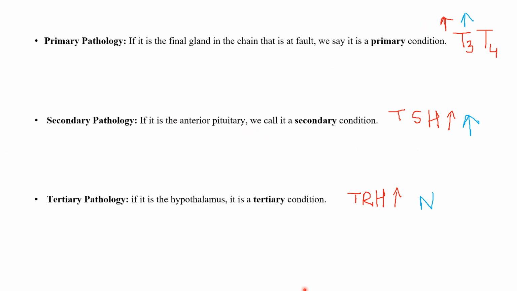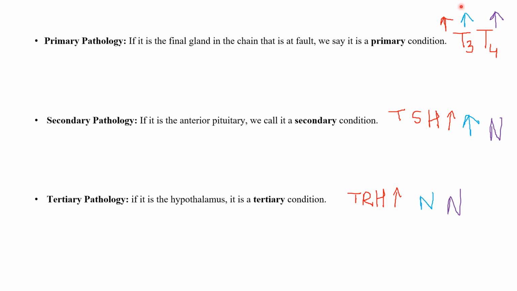Now just imagine a third scenario. Let me choose the purple. So hypothalamus is normal, right? Anterior pituitary is normal, there is no problem, but we are having increased T3 and T4. So now we will say that it seems like the primary disease or the primary pathology is in the thyroid gland.